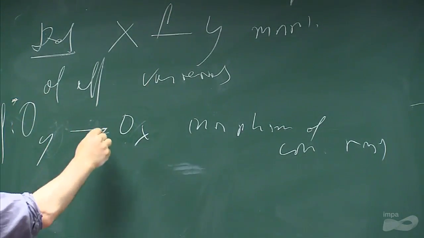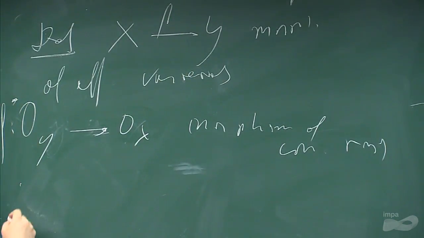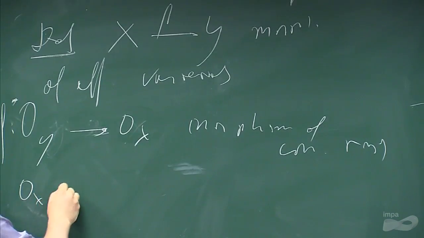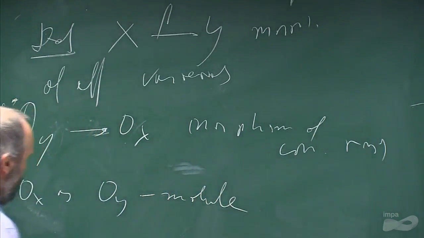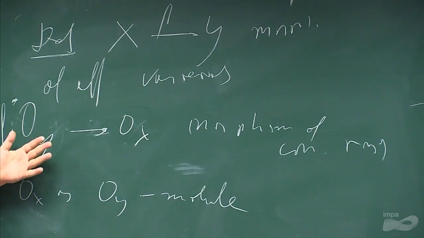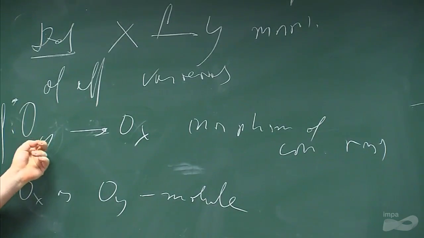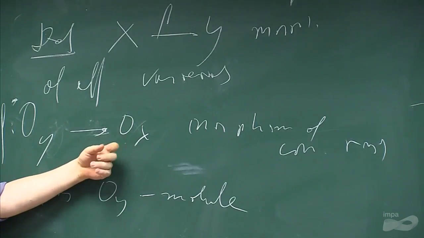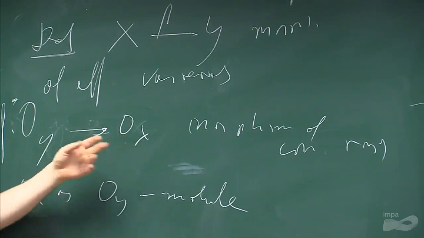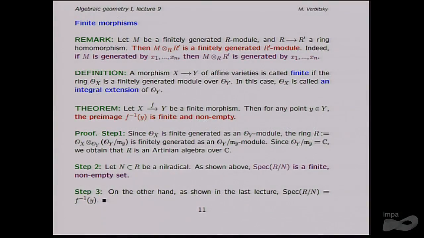This is f star, because it is the same map but on functions. Then we consider O_X as an O_Y-module. Every time you have a homomorphism of rings, the second ring is a module over the first. If you have an element in O_Y, you can multiply elements in O_X by images of elements of O_Y, and this gives you a module structure.